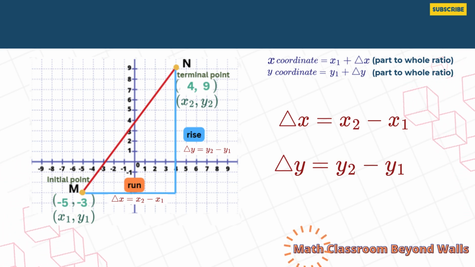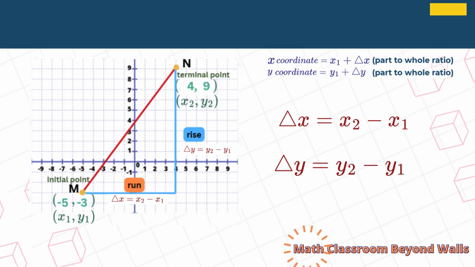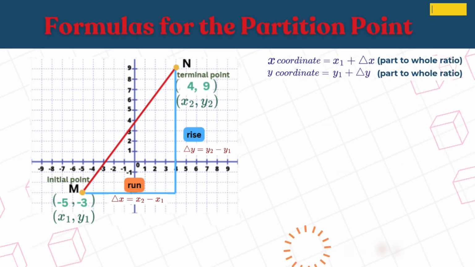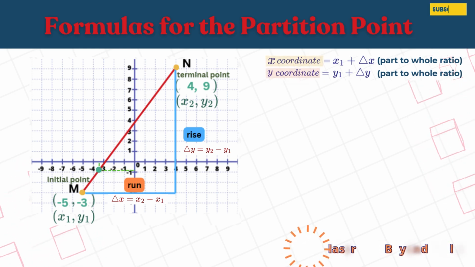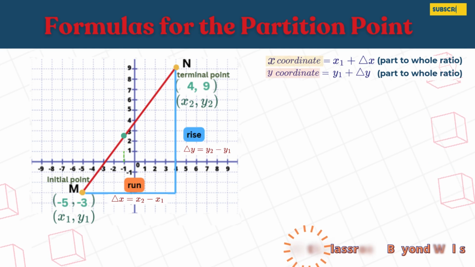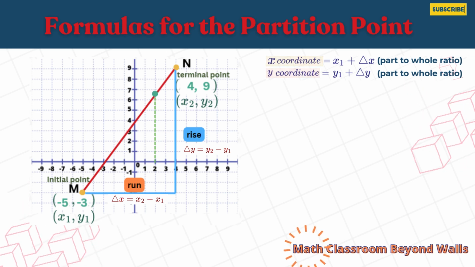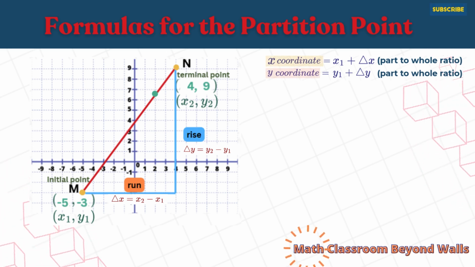Now, let us look at the formulas and the diagram again and try to have a clear visualization of how these two are related. It must be clear to everyone that when you're looking for a partition point of a directed line segment, you are looking for the x and y coordinates of the point that is between the initial and the terminal point. These are what the formulas are all about.